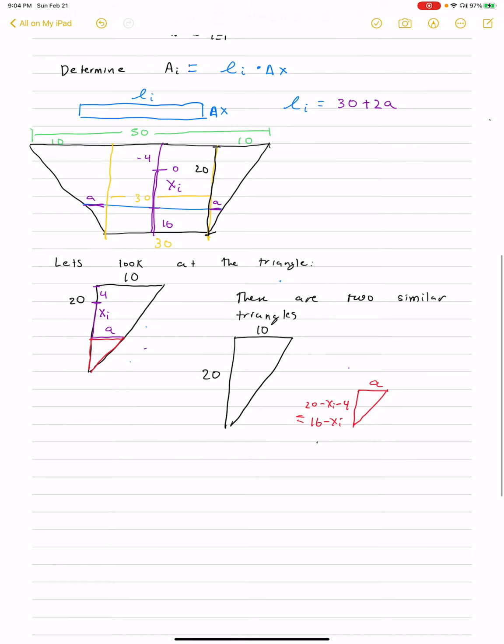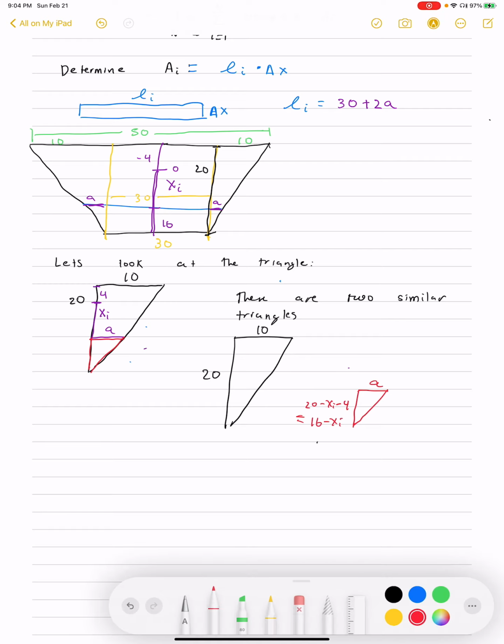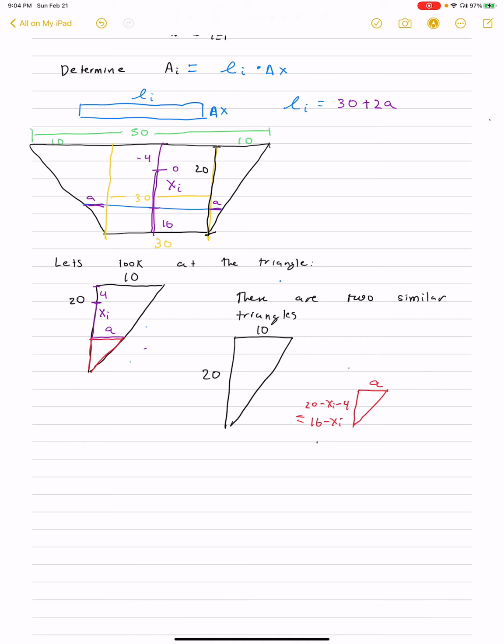So because these are similar triangles, I'm going to get this relationship. Means that the ratios 10 over 20 has to be equal to A over 16 minus x sub i.